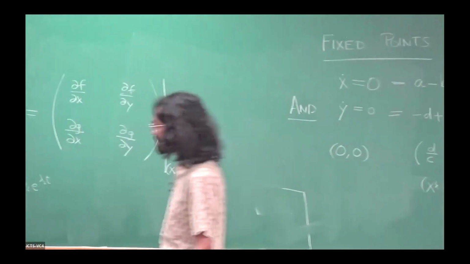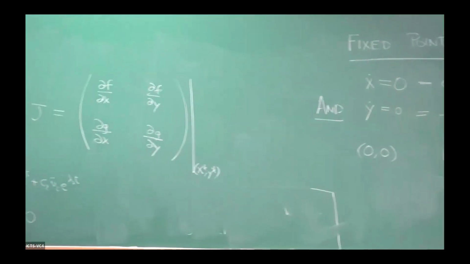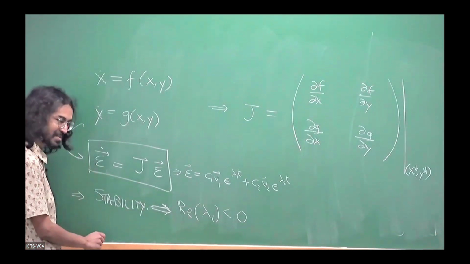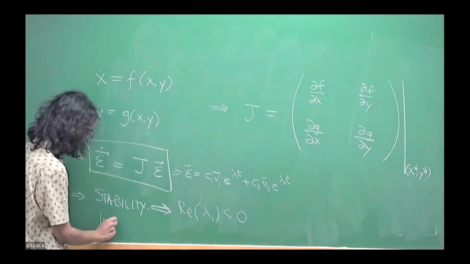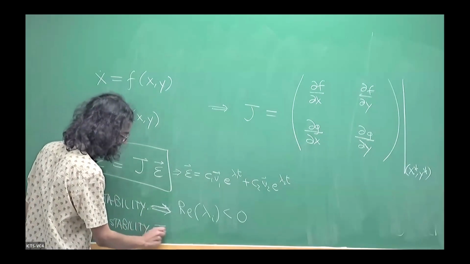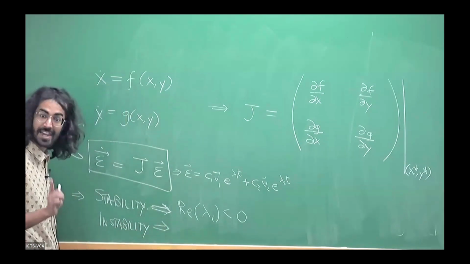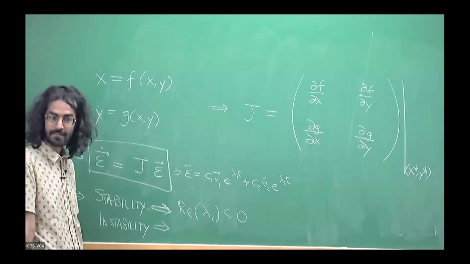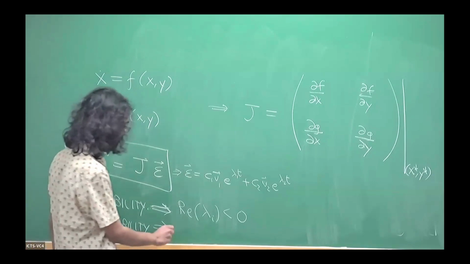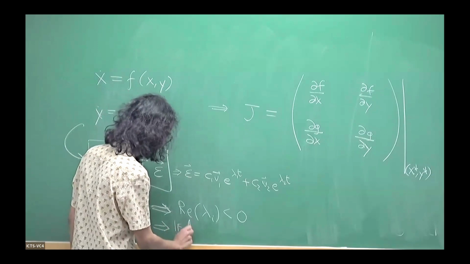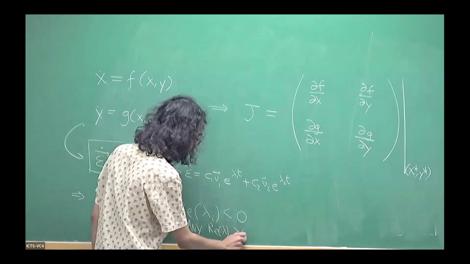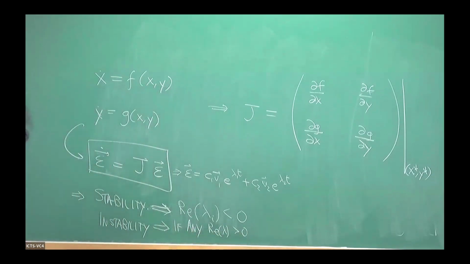What would instability be? Yes, correct. Instability would be not stable. But what would it mean in terms of the eigenvalues? If any one of the eigenvalues was positive, then we are screwed, right? If any eigenvalues have a real part that's greater than 0, right?